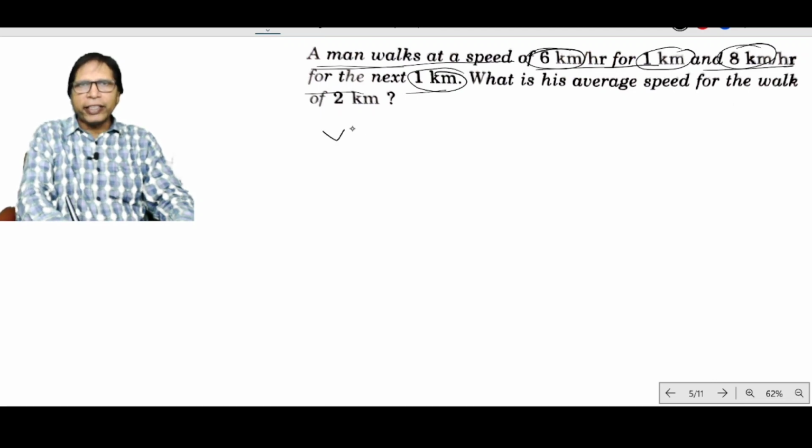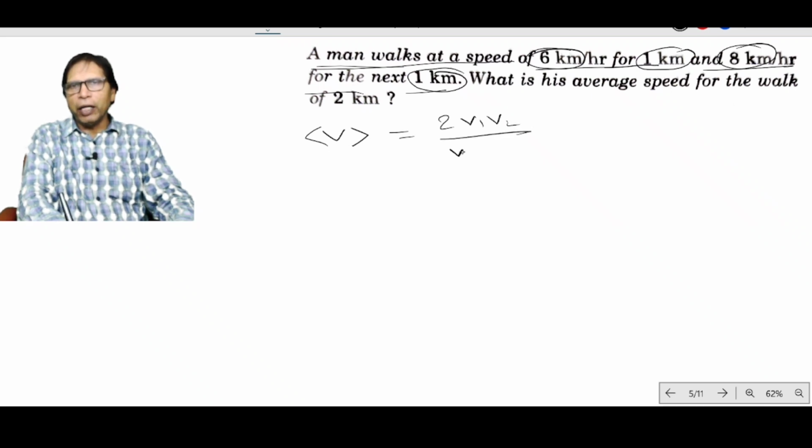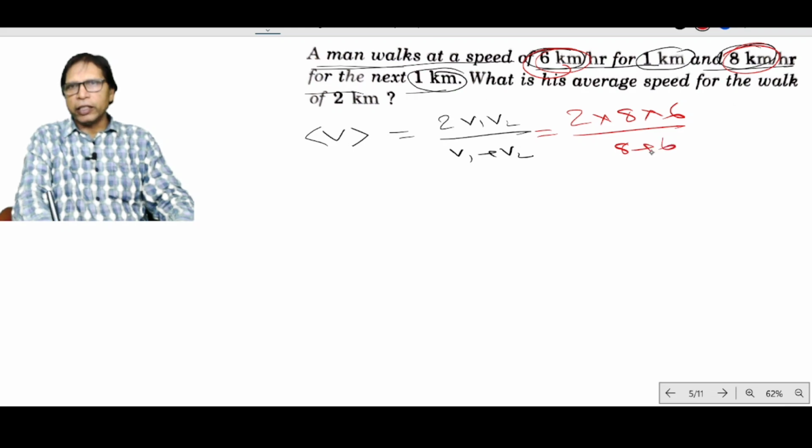So for equal distance, the average speed is 2 v1 v2 divided by v1 plus v2. So this is 2 into 8 into 6 divided by 8 plus 6. So this is 2 into 48 divided by 14. Now this is 7 (approximately).